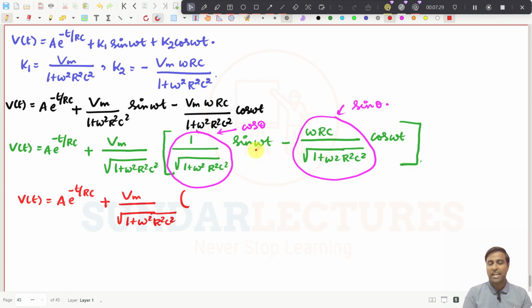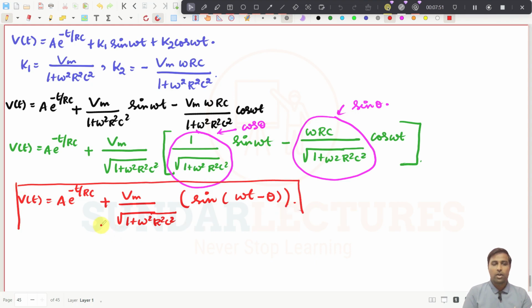And what is this one? Sin A cos B minus cos A sin B, right? So what we get here is nothing but sin of omega t minus theta, that's all. So this is the final expression for V of t.